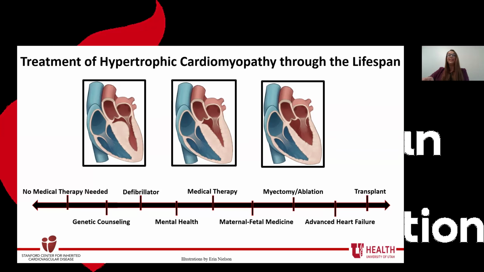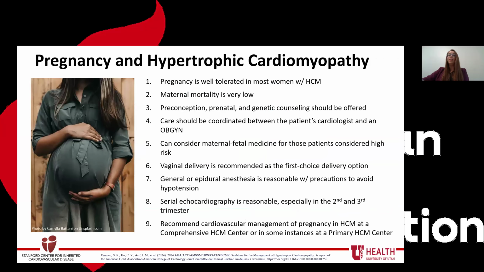What we're going to focus on today is the patients who have HCM who want to start a family, and what that looks like for the normal life process for them to be able to move forward with that goal. So the American Heart Association has some new HCM guidelines that came out in May 2024, just last month.